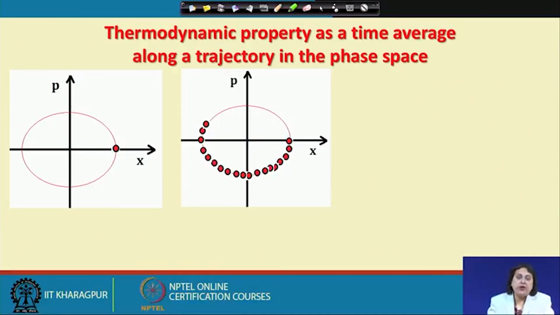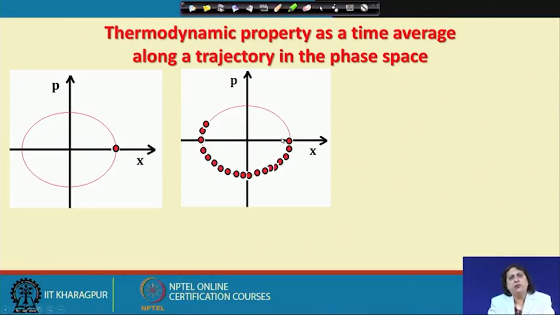If I wait for a long time, the succession of these microscopic states is called a trajectory in time, which tells me how the system moves from this initial point to another point in time t through a succession of many intermediate points on the ellipse in the phase space.